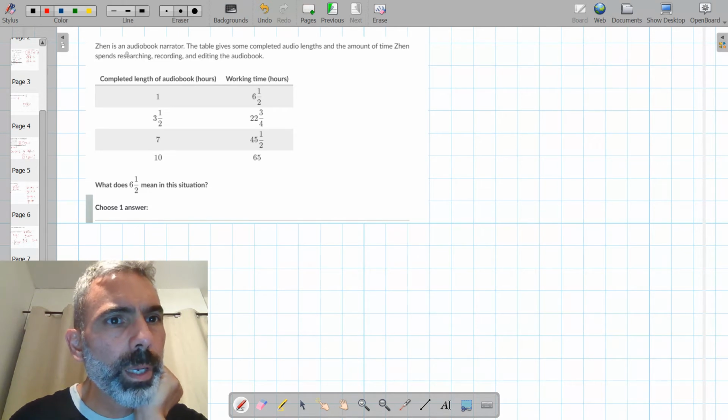Zen is an audiobook narrator. The table gives some completed audio lengths and the amount of time Zen spends researching, recording, and editing the audiobook. Completed length of audiobooks in hours and working time.